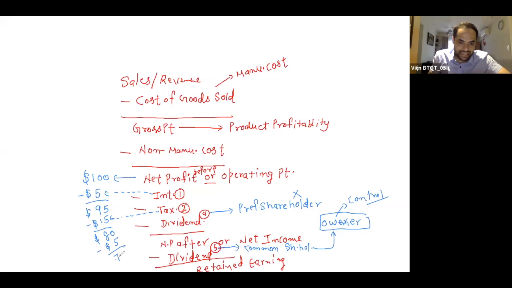So 75 is my net profit after. That's the meaning of pay interest first, tax second, and then dividend. So we pay interest here, then tax, and then dividend. Is it clear now? Is it okay? Say something.